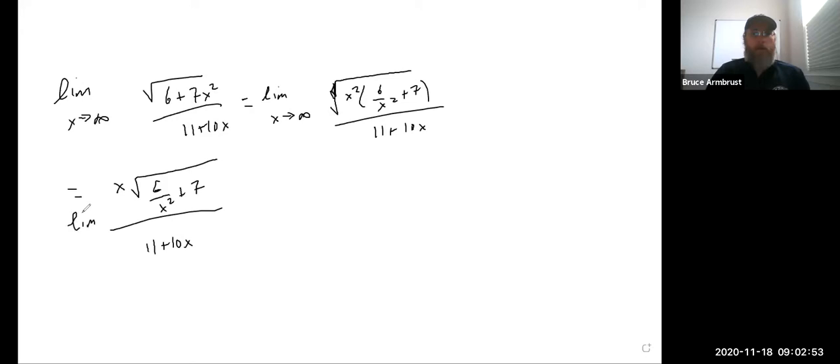So I'm still taking my limit as x goes to infinity of x times that square root. Let me bring it down here so it doesn't look like it's an x root. And then I can factor out an x out of the bottom as well. If I factor out an x out of the bottom, I get 11 over x plus 10. And now those x's cancel, and I'm ready to take my limit.